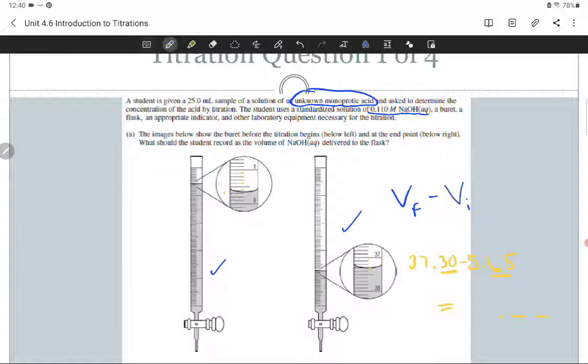So you just have to do that. 37.3 minus 5.65. You may have done that in your head, you may not have done it in your head, but we have something in the ballpark of that.